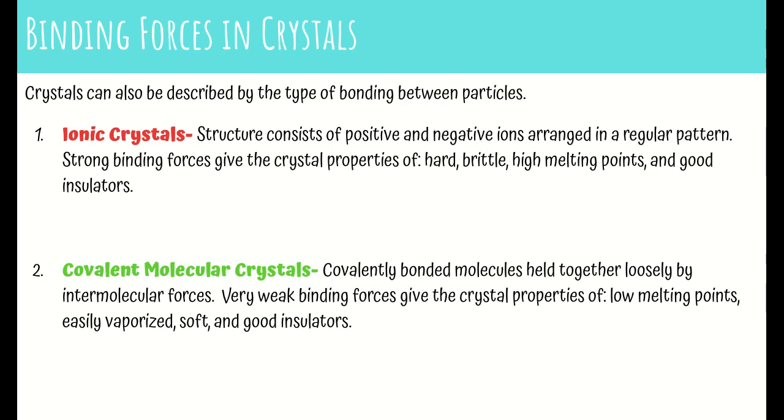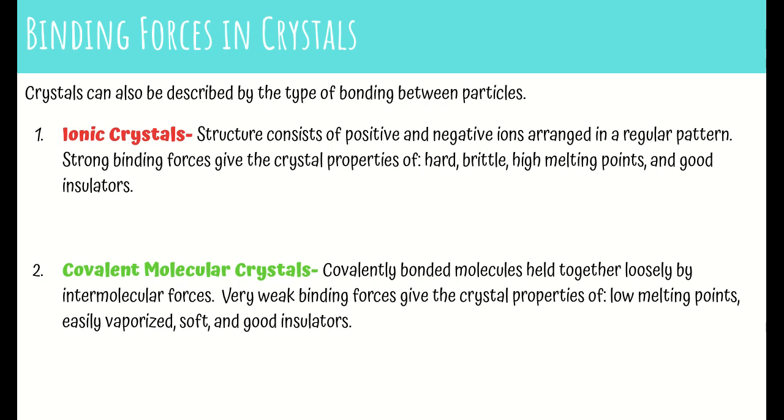They are bonded together very, very strongly. So these ionic crystals are very strong. They're very hard. They're going to be brittle. So if you do break them apart, they're just going to kind of fracture and come apart. It's going to be really hard to melt them, so they're going to have high melting points, and they make good insulators.